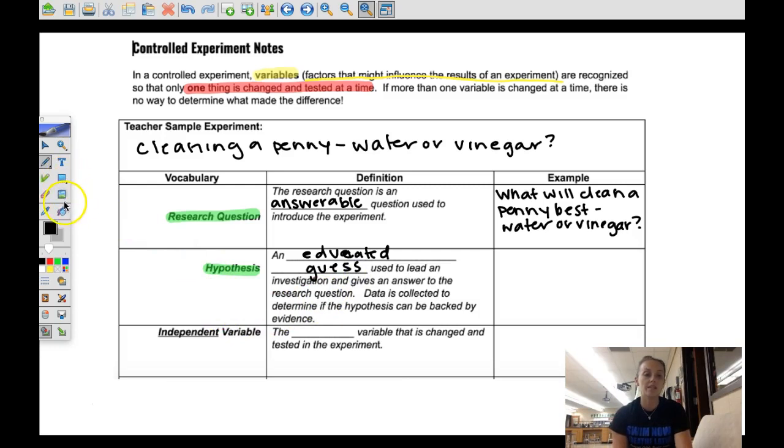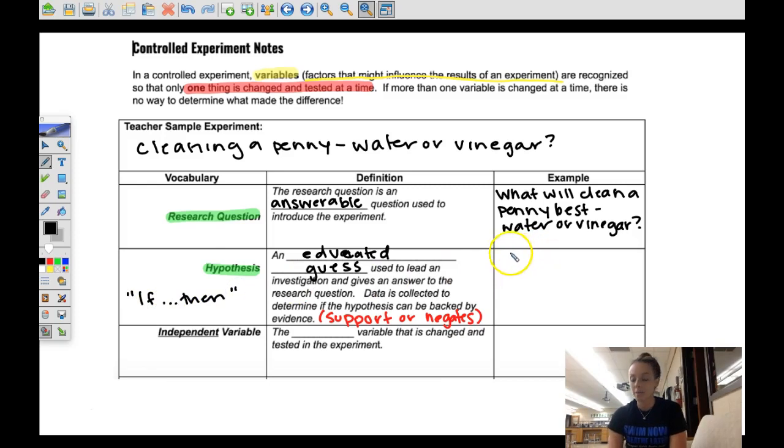So the point of collecting data is to determine if the hypothesis can be backed by evidence. And we don't use the word prove, we use support your hypothesis or negates your hypothesis. Because nothing is absolute. So your hypothesis is essentially your educated guess or your opinion based on the research that you've collected. And a hypothesis is typically an if-then statement.